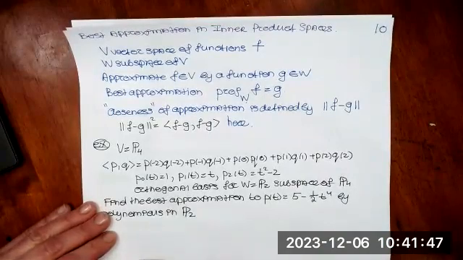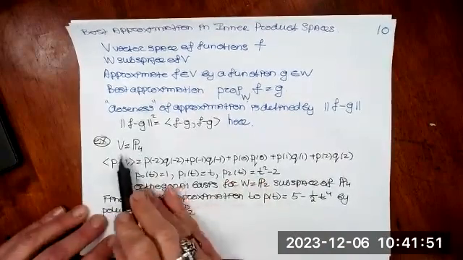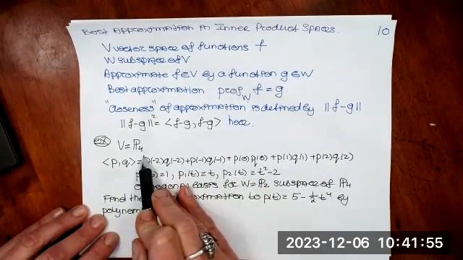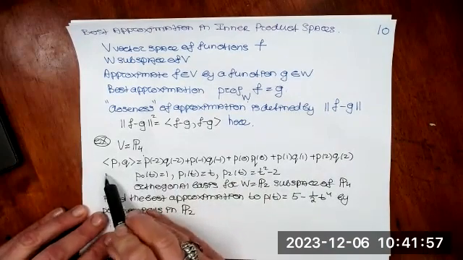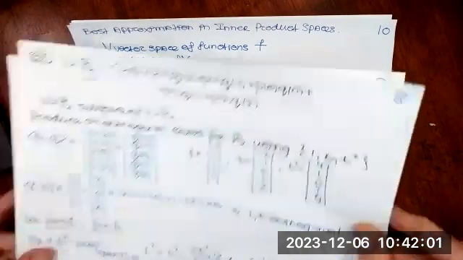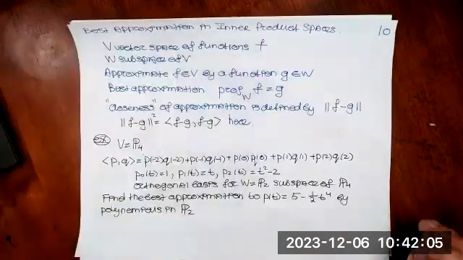But we can do an example. Say our vector space V is P4, polynomials of degree 4, and we have an inner product defined as in the previous example. So we're using the same inner product.